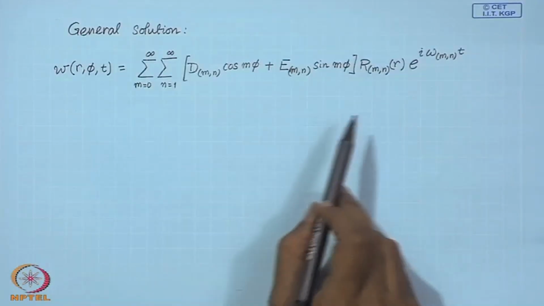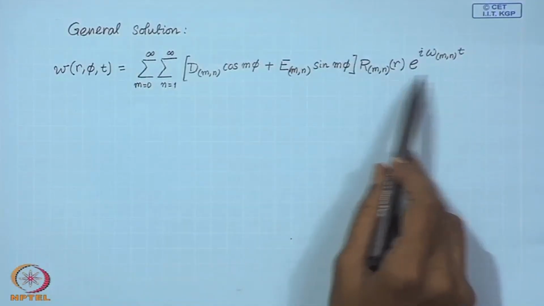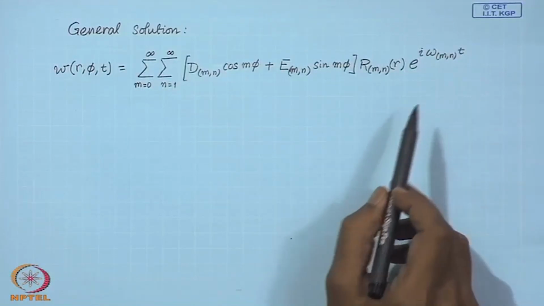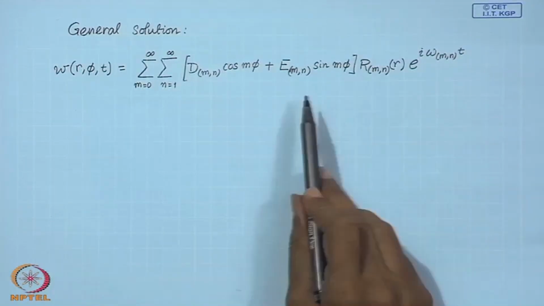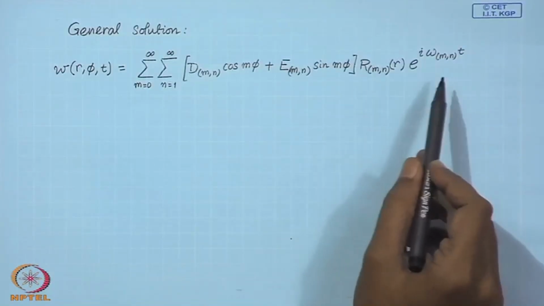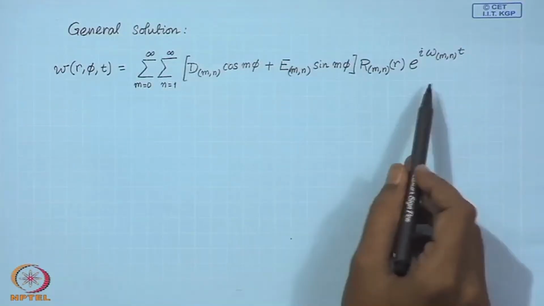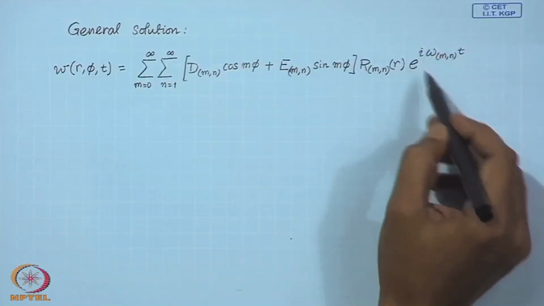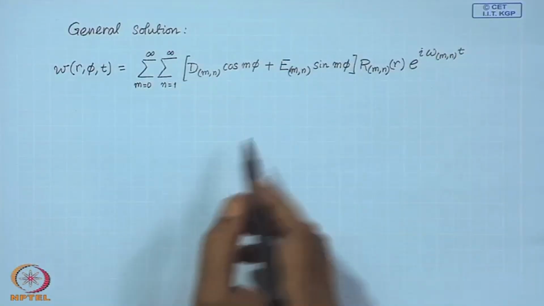Here we can have combinations of again cosine omega_mn t or sine omega_mn t. So, in general we can have linear combinations of the cosine and the sine omega_mn t terms.